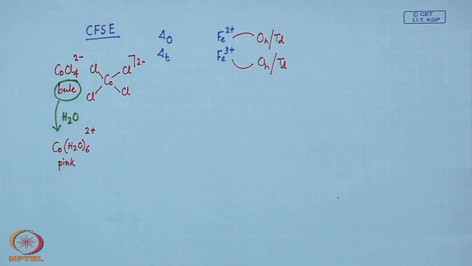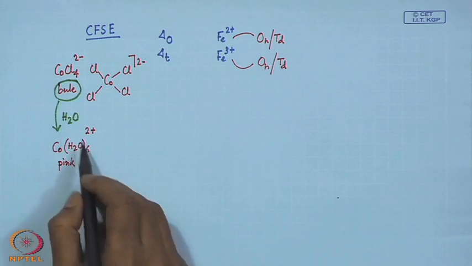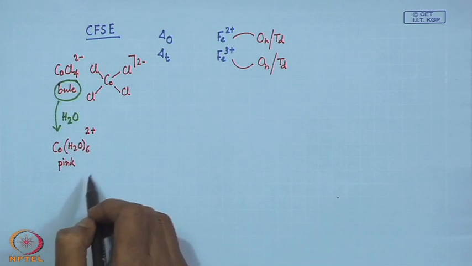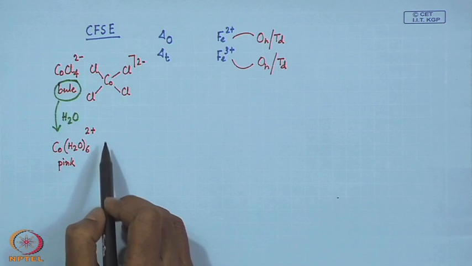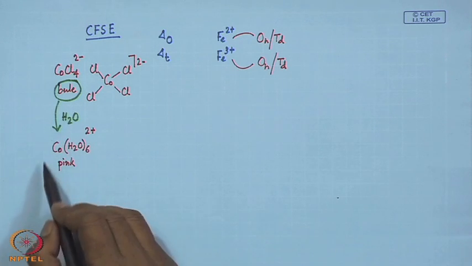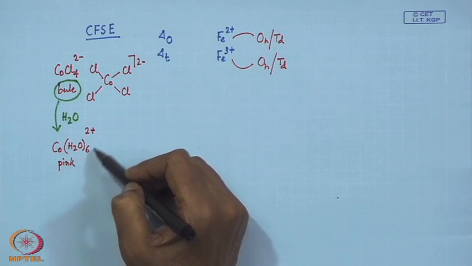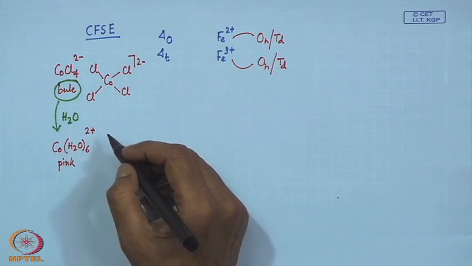So, this chloride environment to the water environment, that means the oxygen environment, changes the corresponding values of CFSE, and in the octahedral environment this particular arrangement is stabilized. So, once we change the environment we get a corresponding color change.